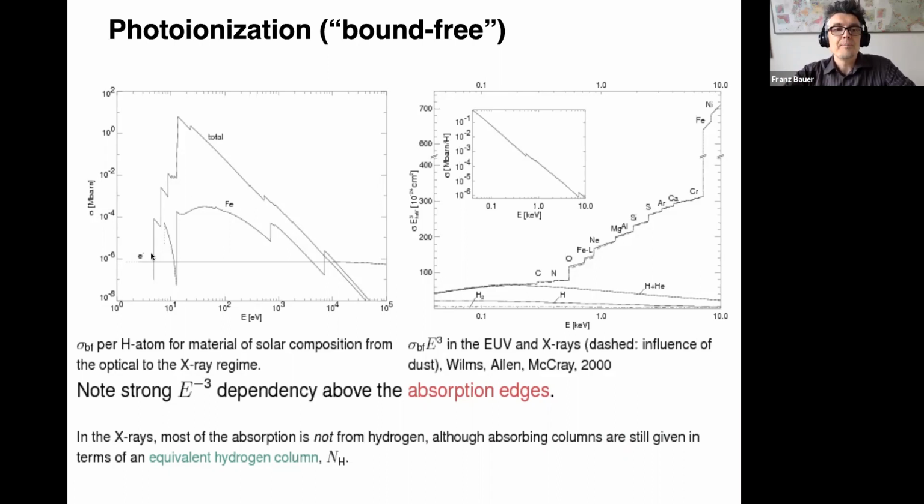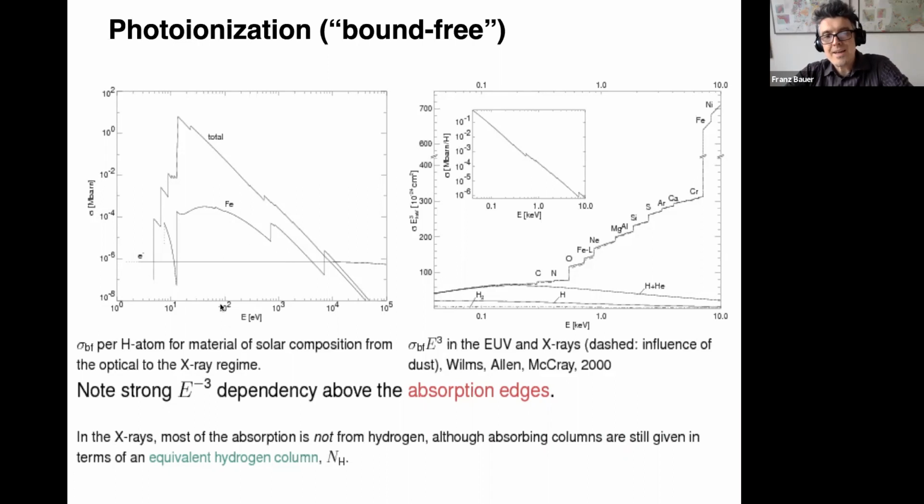What's interesting is this cross-section per hydrogen atom, actually this is a material of solar composition, not ISM composition, but the point is still the same. Here's the cross-section for the electron, here's the cross-section for iron, and this is the total cross-section if you sum up all of the material.